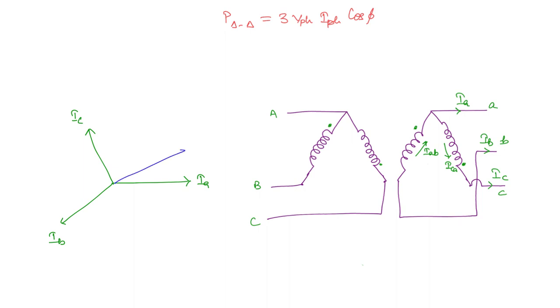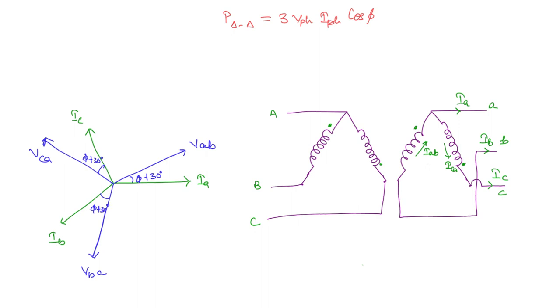We saw that it was phi plus 30. So now this is VAB, and here you are going to have VBC, and here you are going to have VCA. So each of these is phi plus 30, and similarly this is phi plus 30.